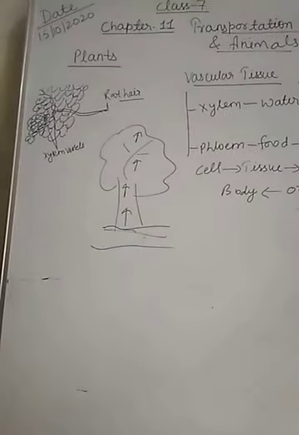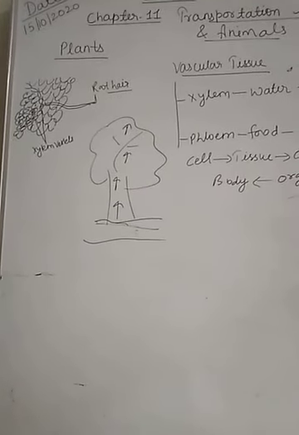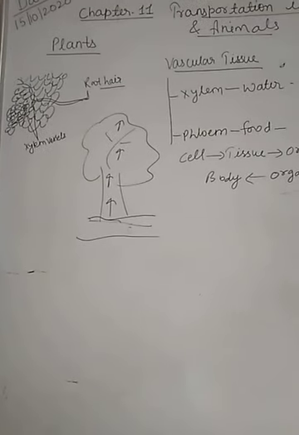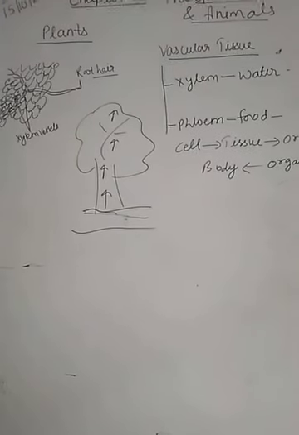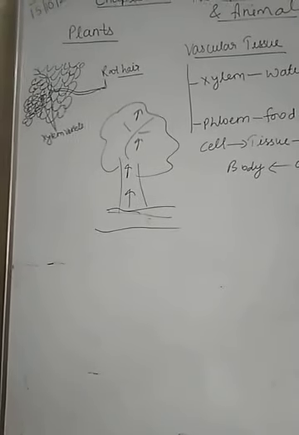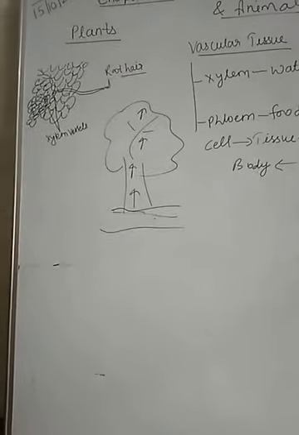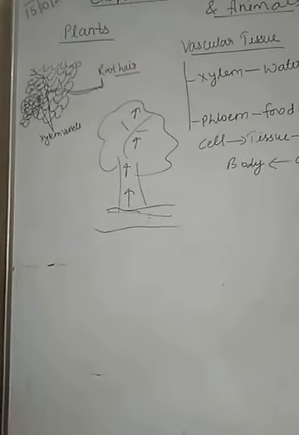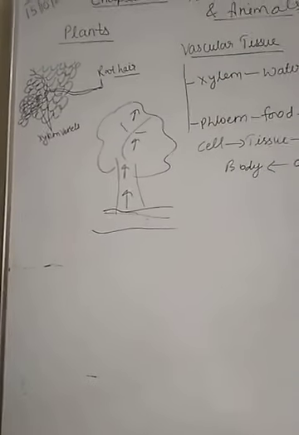So children, this is about the transportation of materials in plants, which is done with the help of two vascular tissues, xylem and phloem. Xylem conducts the water and dissolved nutrients from the root to different parts of the body. The plant has a large number of xylem vessels which are connected to different parts of the plant, and thus the water is conducted through these xylem vessels from the root to different parts of the plant.